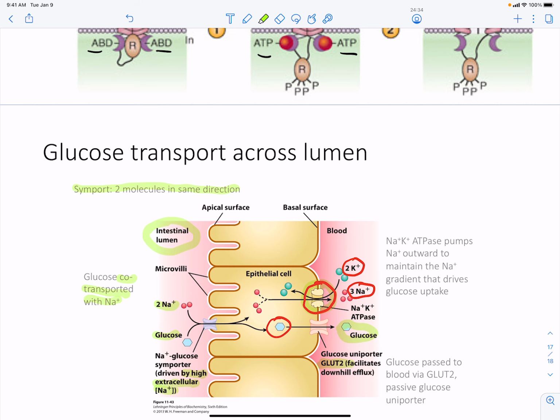So again, you have two transporters for glucose to be picked up. One maintains the sodium gradient, a sodium-potassium pump that pumps potassium in and sodium out of the epithelial cell. On the other side, on the lumen, you have the glucose-sodium cotransporter, which is a symporter.